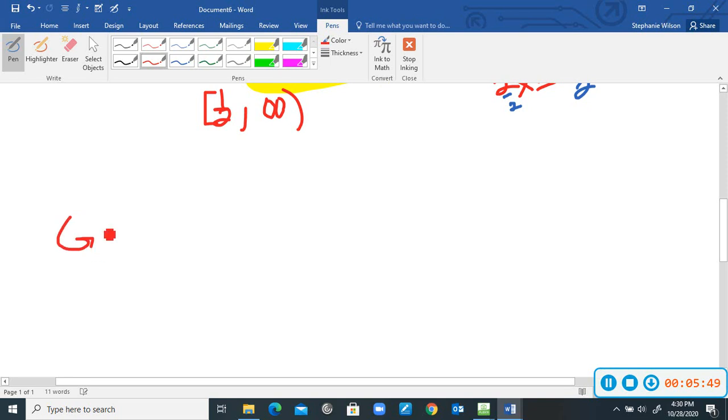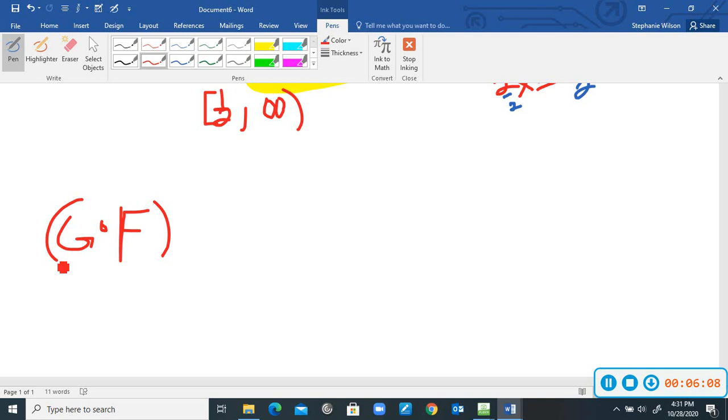So I'm going to have to take g of f of x. And let's say I know the value of x. Let's call the value 4.